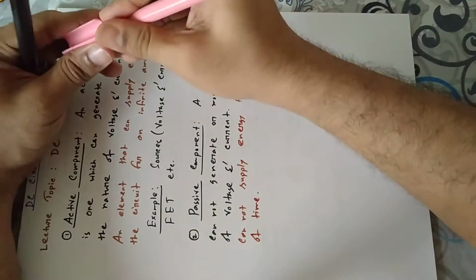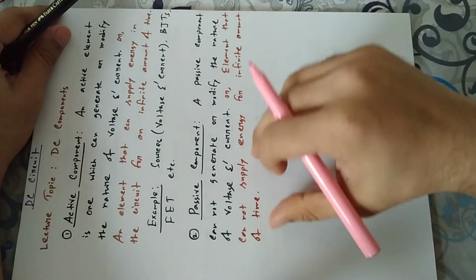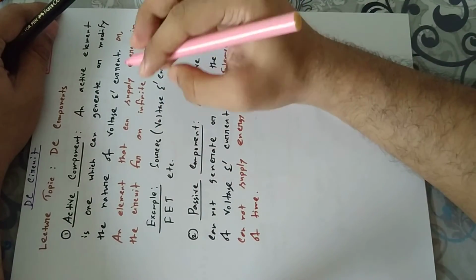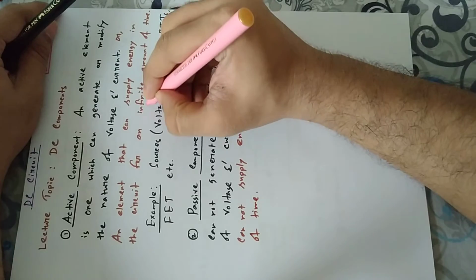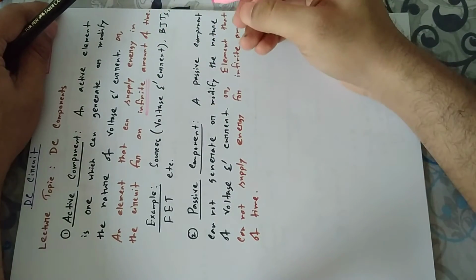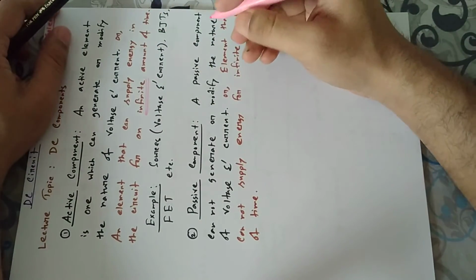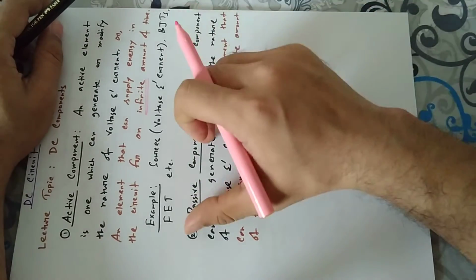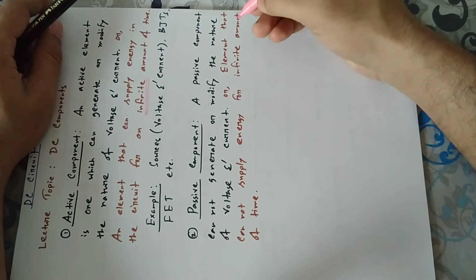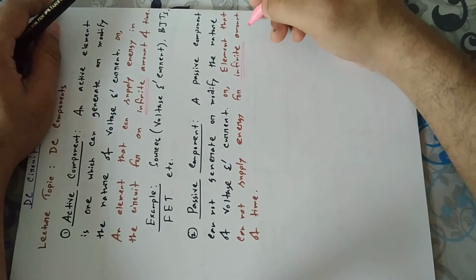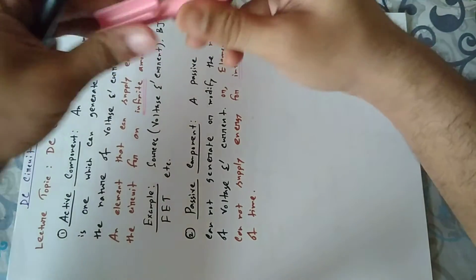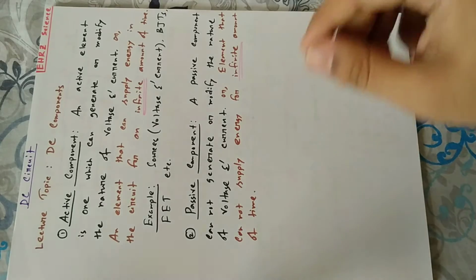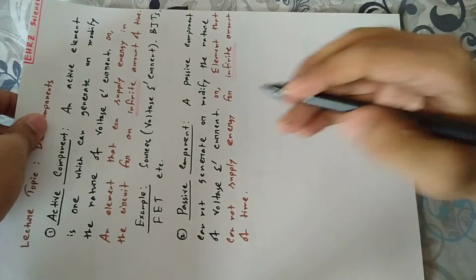Here you can see the difference between an active component and a passive component: an active component will supply energy, and the energy will be supplied for infinity. But a passive component may supply energy, but it cannot supply energy for infinity. The energy will end sometime.